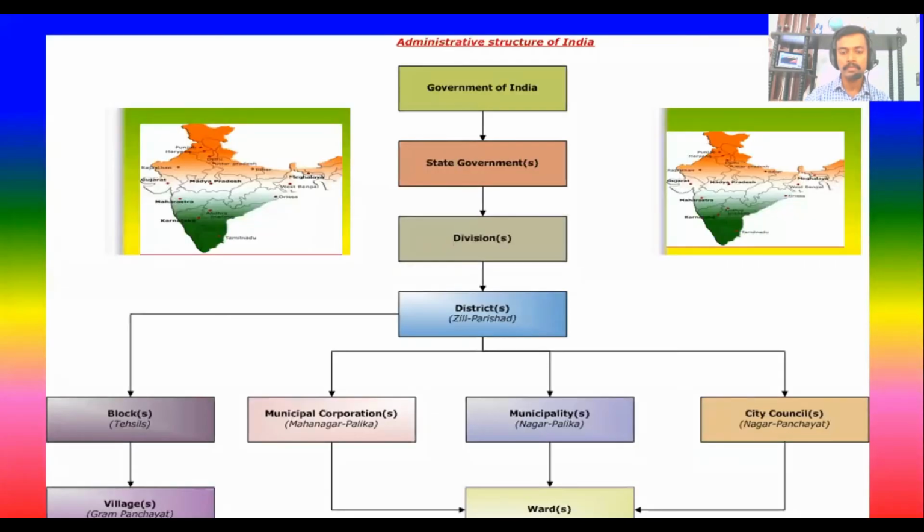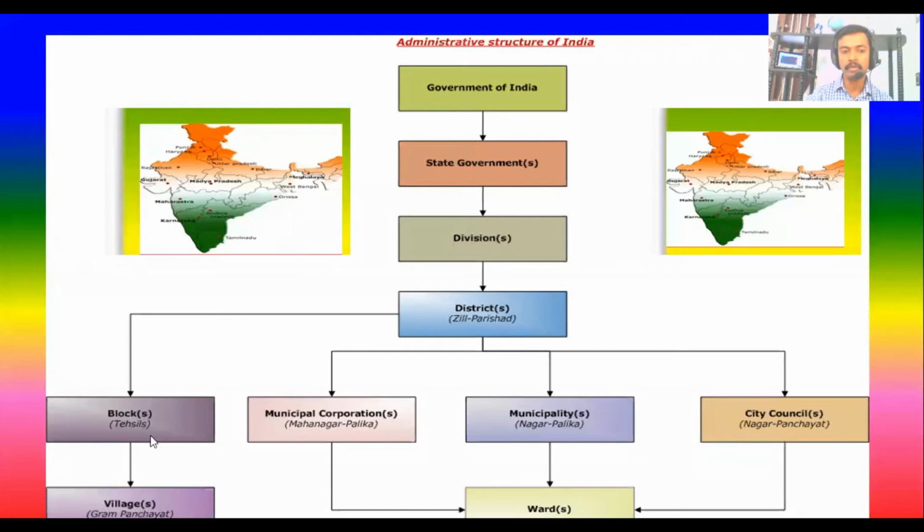Can you see this flow chart? Akshaya, can you see this flow chart? Yes, sir. So yes, Nisha, look at this. This is the organization of the Indian government. How is India governed? First, look at this: government of India, state government, then divisions, district. Each district is divided into various blocks.